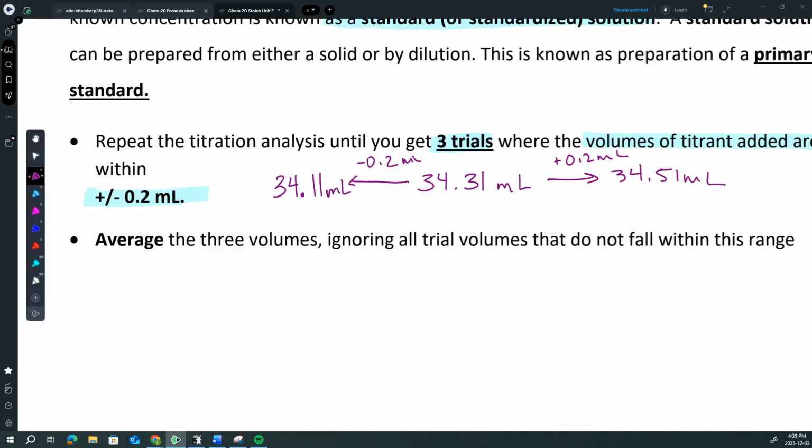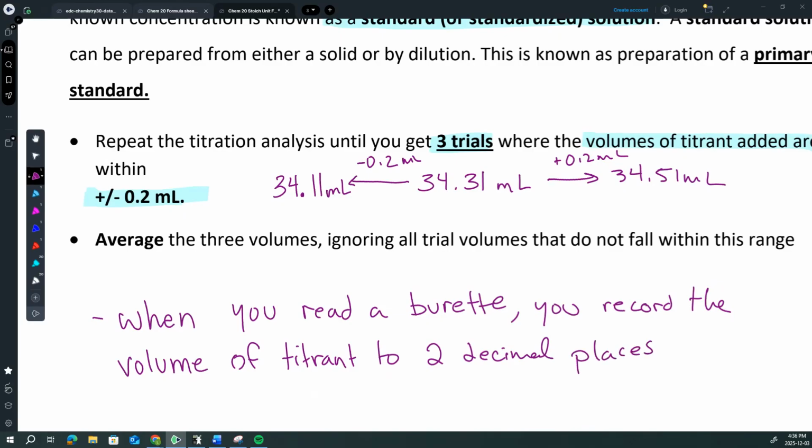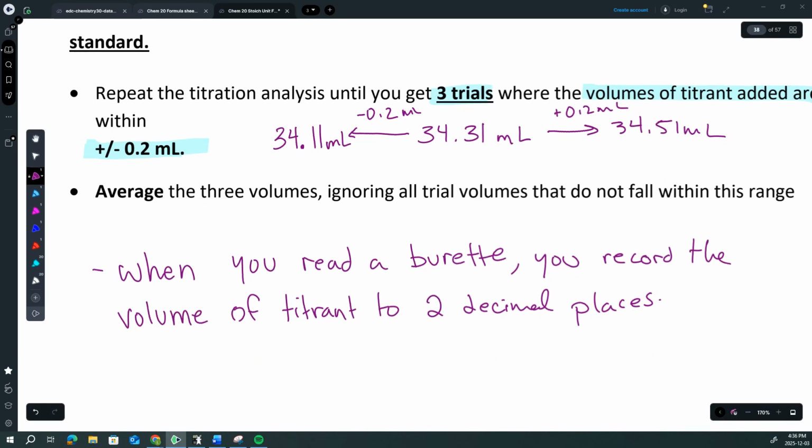So let's make sure that we write this down. Okay, so oftentimes you end up estimating the very last digit.